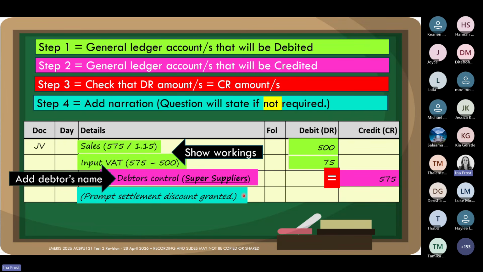And your narration just has to make sense for the transaction that it refers to. So you don't have to give the words necessarily verbatim like I have it here on my slide. But the sentence that you write here really has to make sense in the context of the particular entry that you are recording. And oftentimes when you look at the wording we actually used in the question for the entry, you can pull from that wording in preparing your narration.